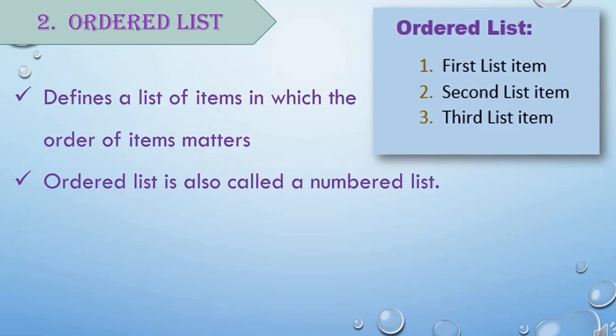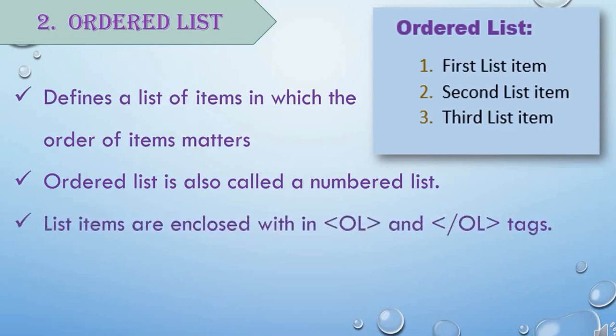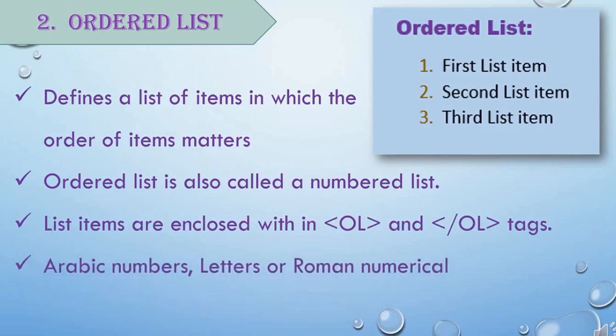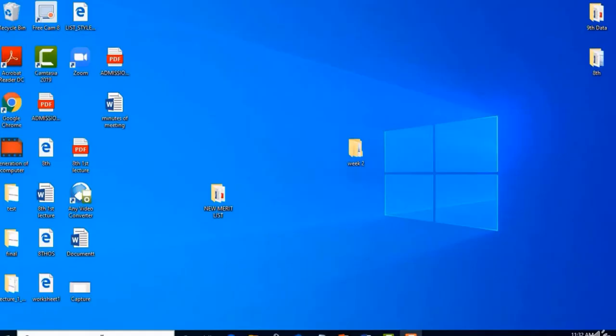Any step-by-step process is best presented as an ordered list. The list items are enclosed within opening OL and closing OL tags. Ordering of the list items is given by a numbering scheme using Arabic numbers, letters, or Roman numerals.